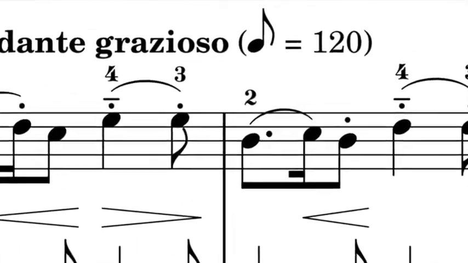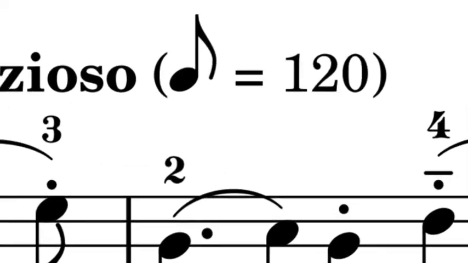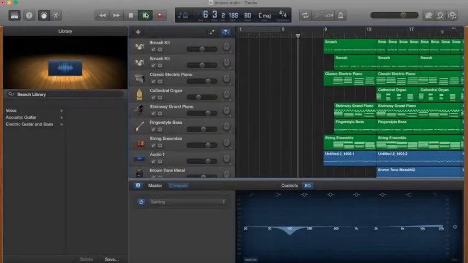Let's move to tempos. Tempo focuses on BPM, which stands for beats per minute. The higher the tempo, the faster the song goes. Let's hear a song I made with a BPM of 80.